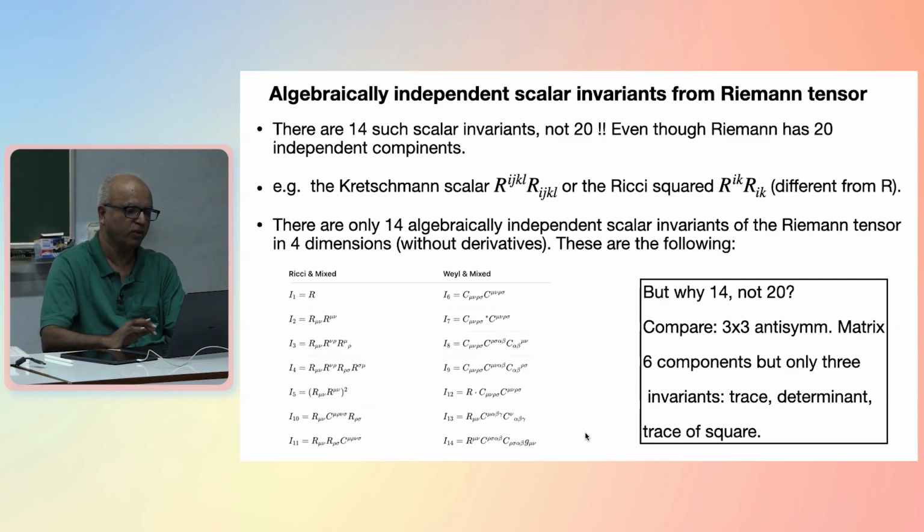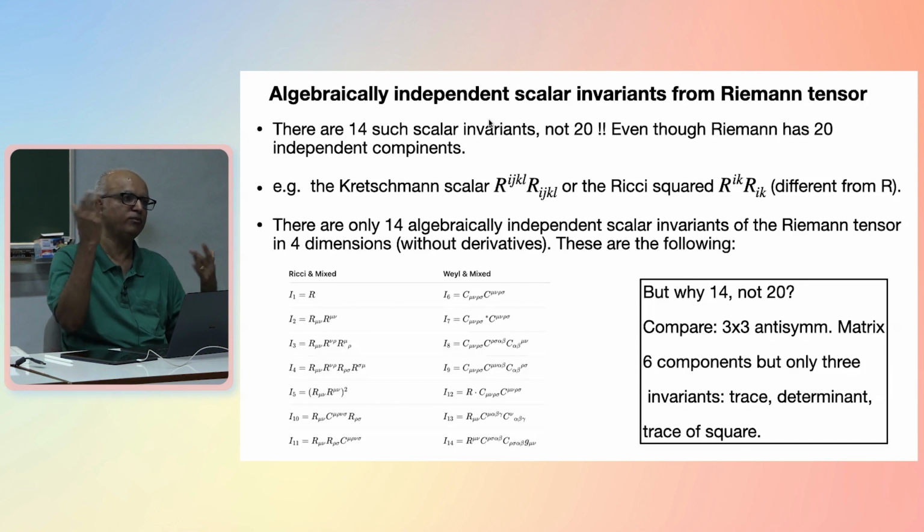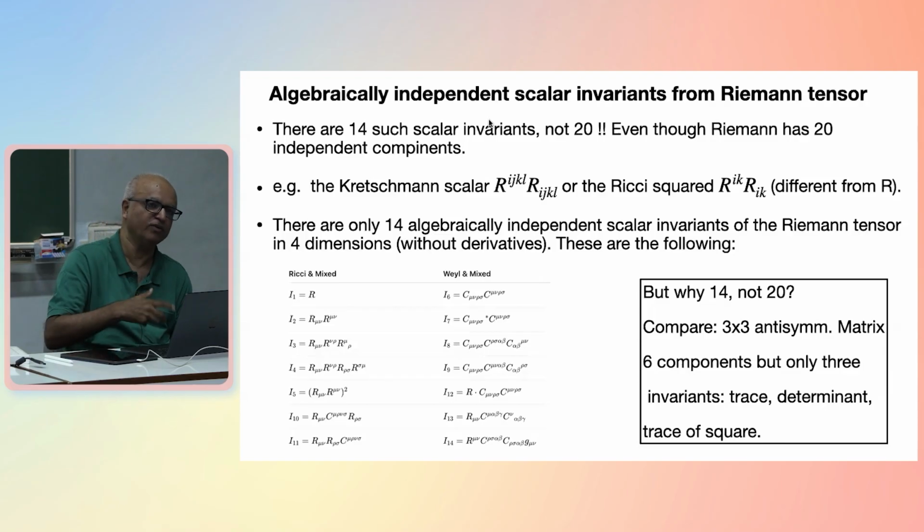Why is there a square in I5? Very good question. It is not as if I can take infinitely many higher powers and keep generating, as I take the 4th power, 8th power, there's no end. But this has something to do with what they call algebraic independence.